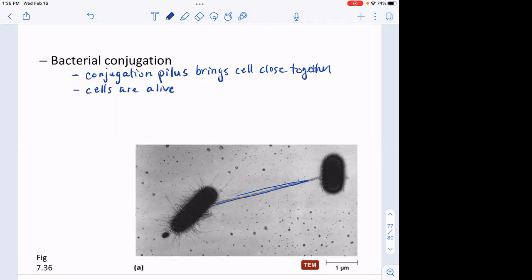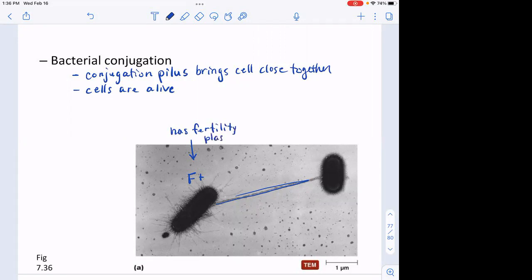Okay, so with the other two mechanisms, one of the cells that was giving up the DNA was dead. So that's another difference. Oh, and we call the donor cell F+. Okay, so that means it has a fertility plasmid.